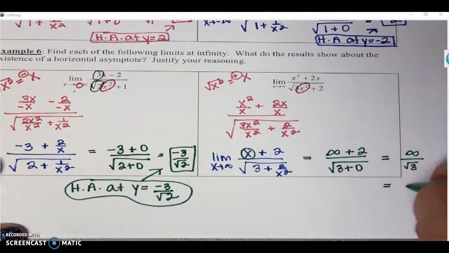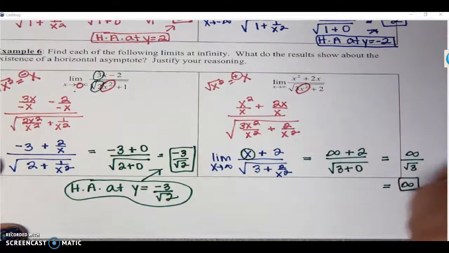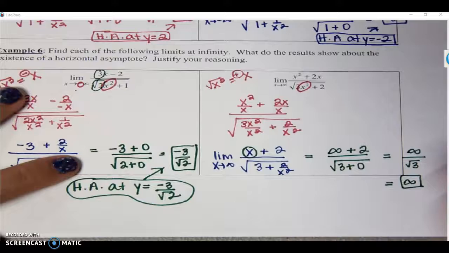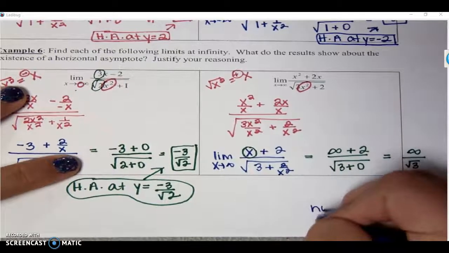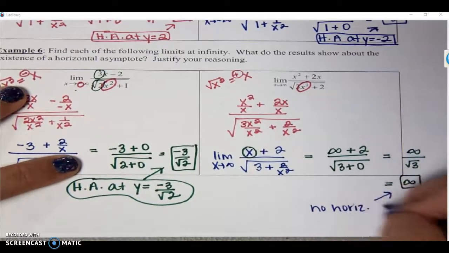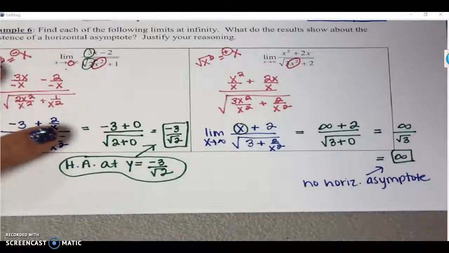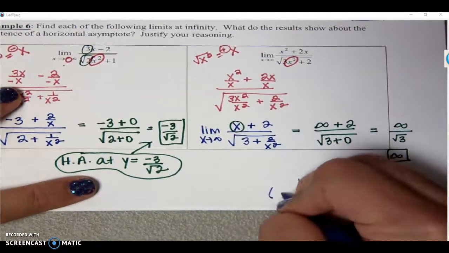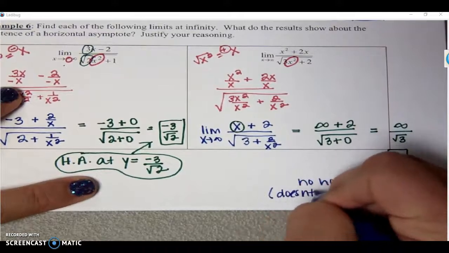Well, even if you divide by square root of 3, it's still going to be a really big number. So we do end up with infinity for this, okay? So what that means is, this just means there's no horizontal asymptote. For the rational functions with the square root in them, they don't have slant asymptote, so this doesn't mean you have a slant though.